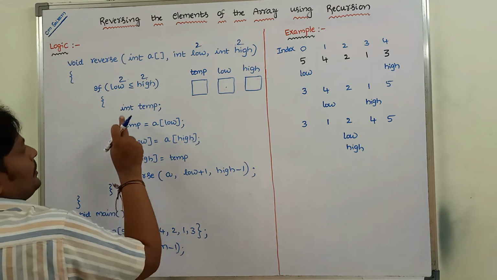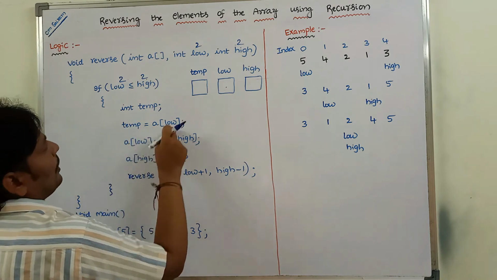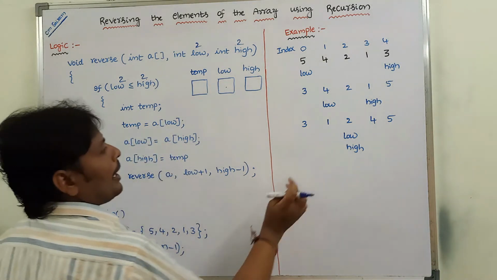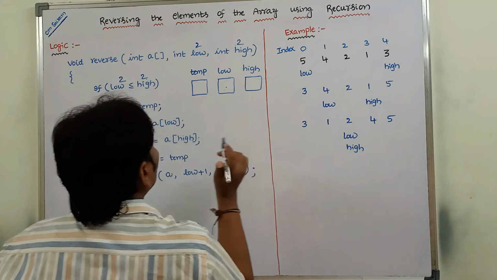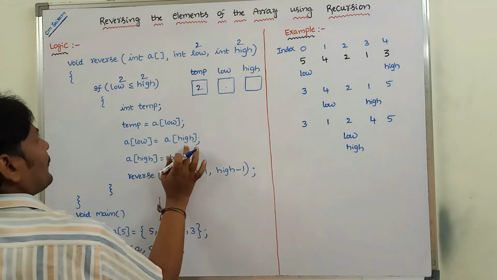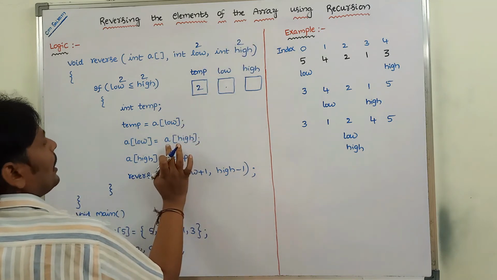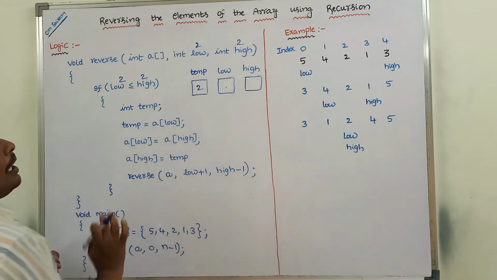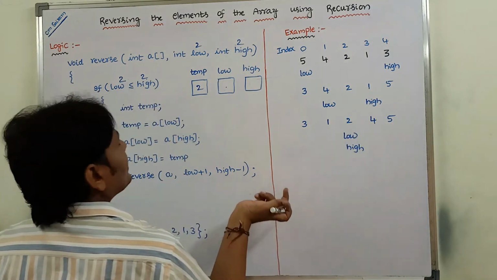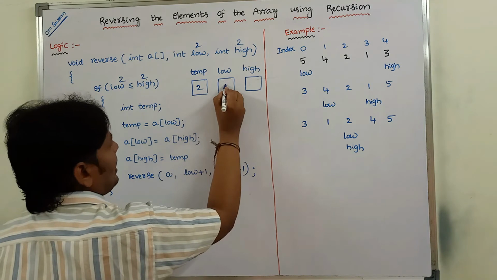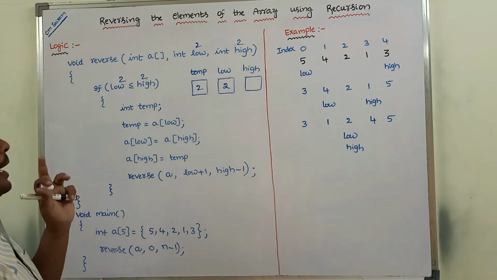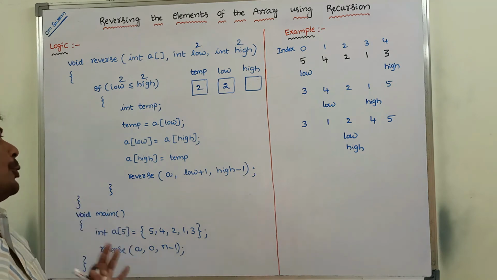Now, A of low is A of 2. A of 2 is assigned to temp. A of 2 value is 2, so 2 is assigned to temp. Next, A of high is also A of 2. A of 2 is assigned to A of low, so A of 2 contains the value 2.